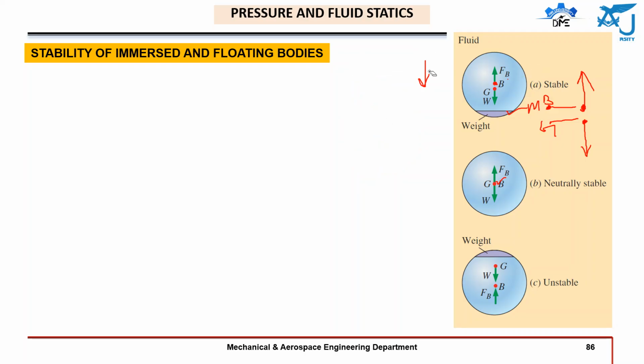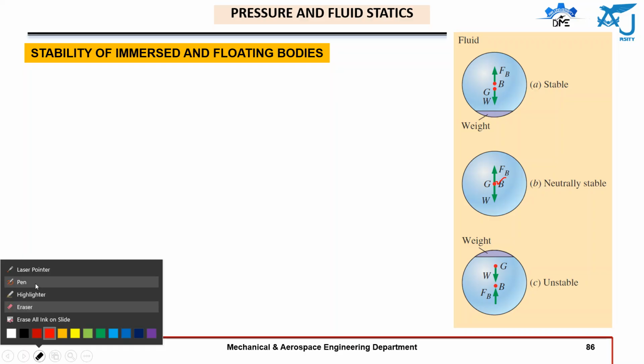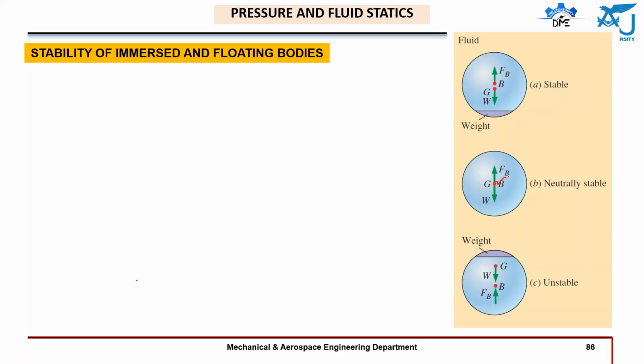So what will happen if I disturb this body? Because buoyant force is acting upwards, what will happen? Let's say by disturbance I mean that I have displaced and twisted this body like this.